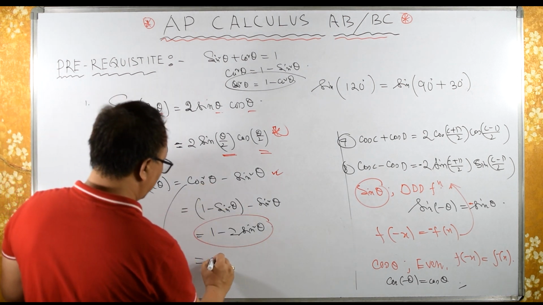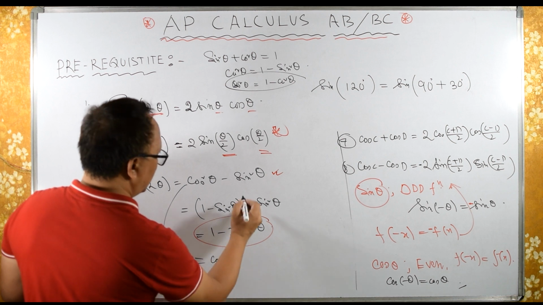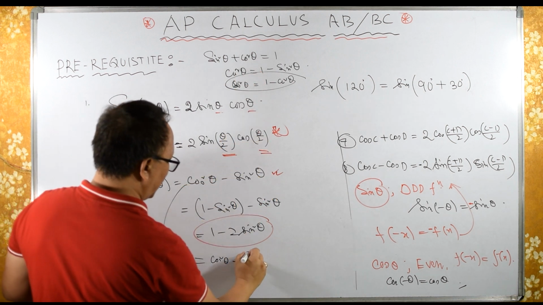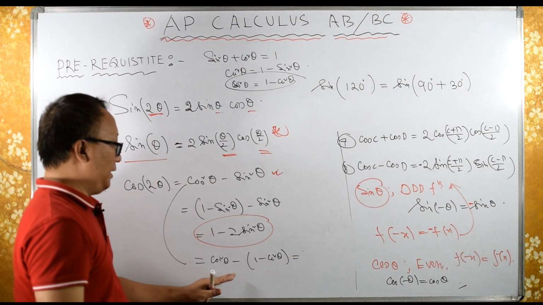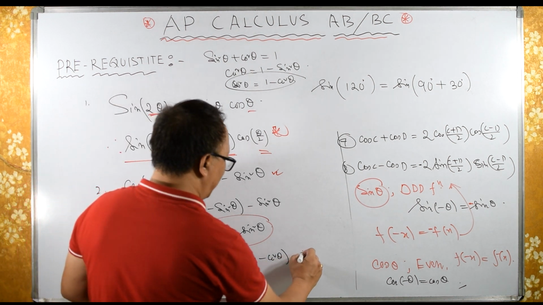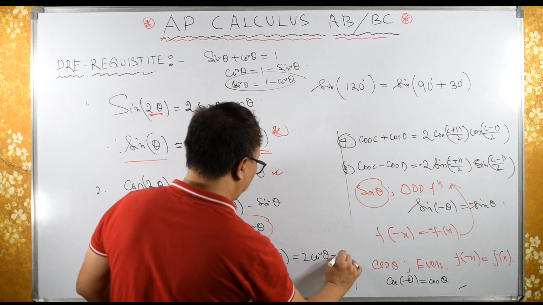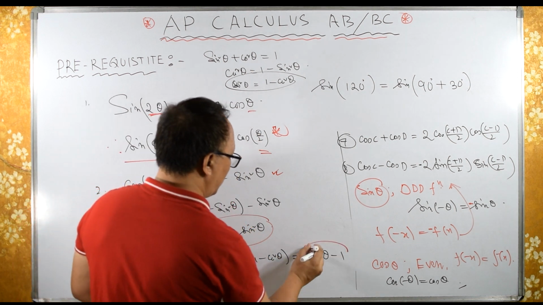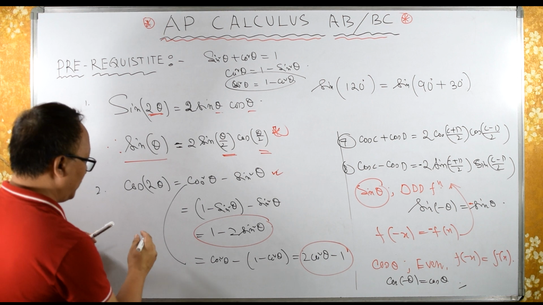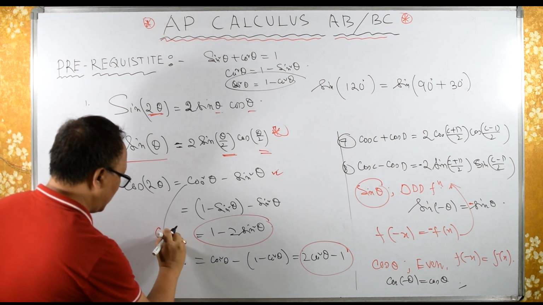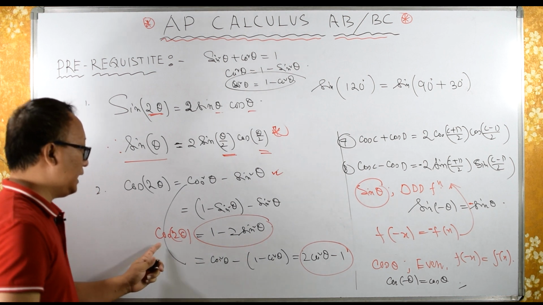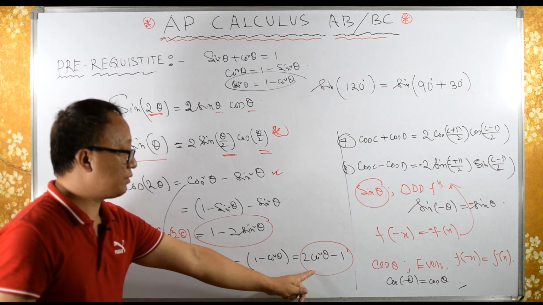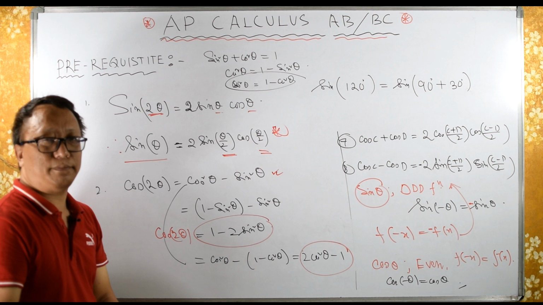We have cos square theta, and converting sine square into cos square, 1 minus cos square theta, the minus and minus become plus, and we get twice cos square theta minus 1. So we have cos of 2 theta equals 1 minus 2 sine square theta, as well as cos of 2 theta equals 2 cos square theta minus 1.